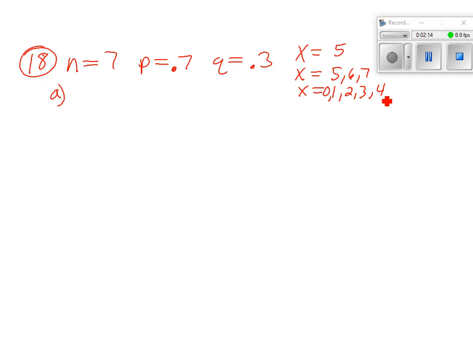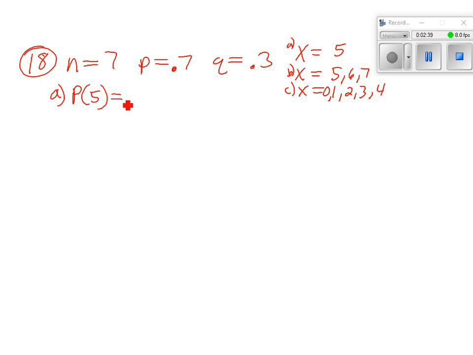So I'll show you without using the packet how to use the calculator to make this easier. If you read the whole problem, this is part A, this is part B, this is part C, and know what you've got going on, you might be able to make it a little easier on yourselves. For part A, we want the probability that there's exactly 5.